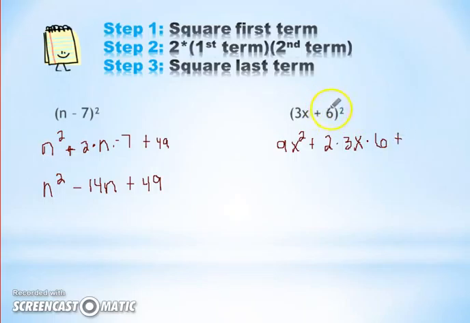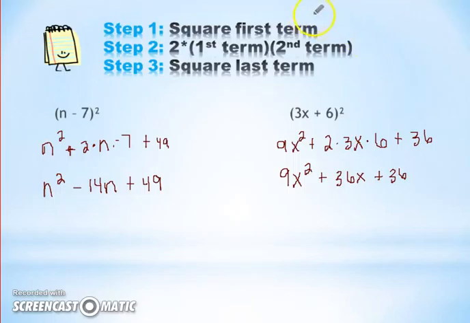So 6 times 6, or 6 squared, we end up with 36 here. Combining these together, 9x squared plus 2 times 3x is 6x, 6x times 6, we have a plus 36x here, and then plus 36.